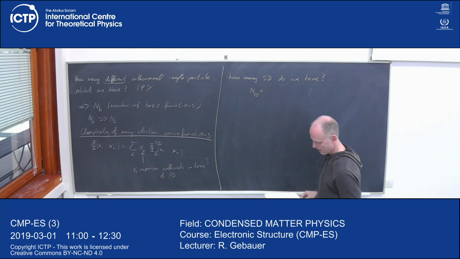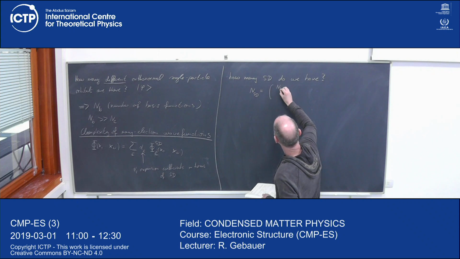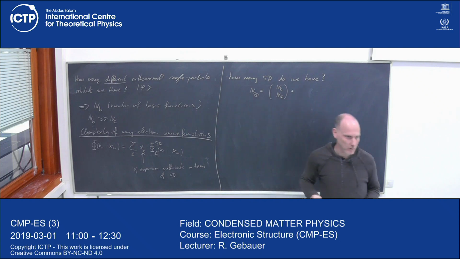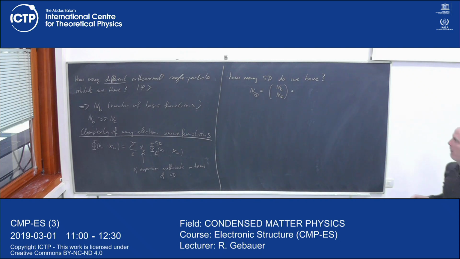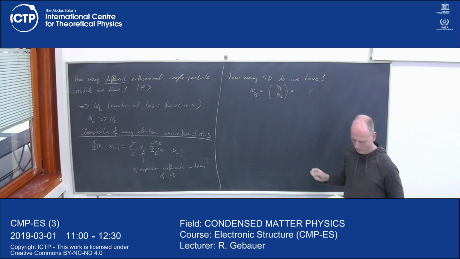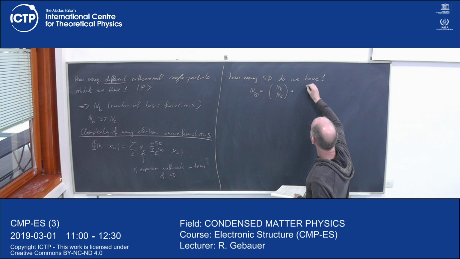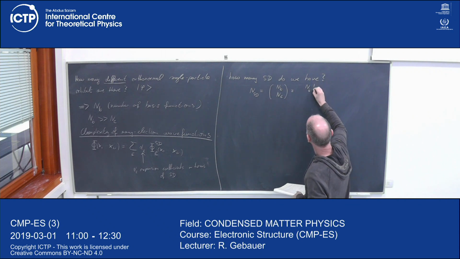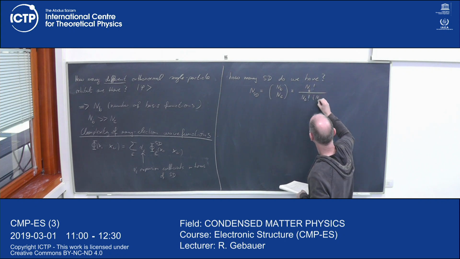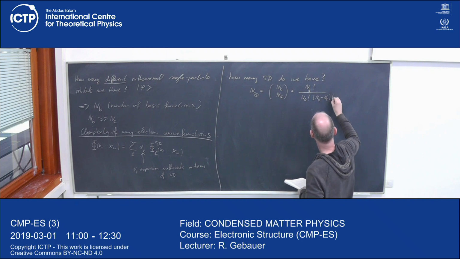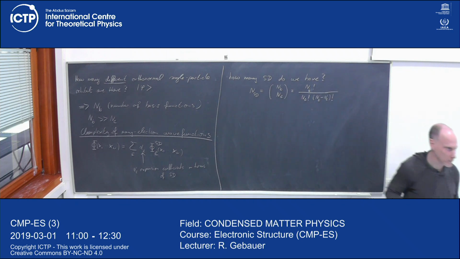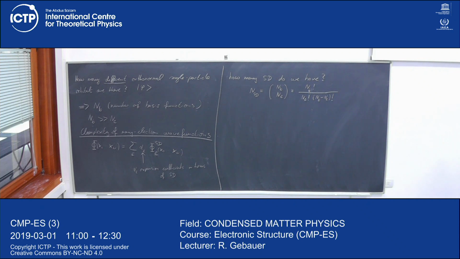So the number of Slater determinants is what one writes as NB choose NE, the number of ways to choose NE elements out of NB, which is simply NB factorial divided by NE factorial times NB minus NE factorial. Say you have 20 basis functions and 10 electrons, how many ways are there to choose 10 out of the 20?